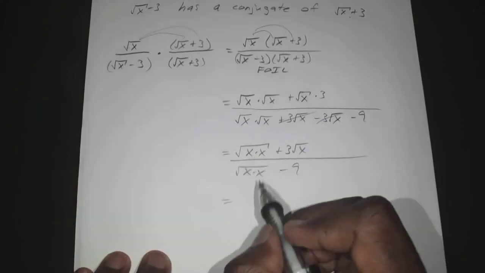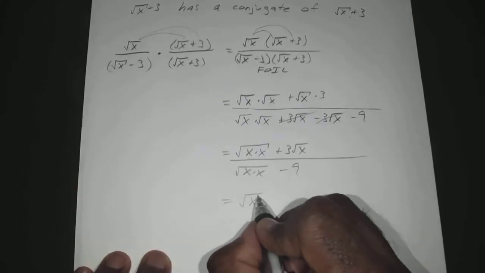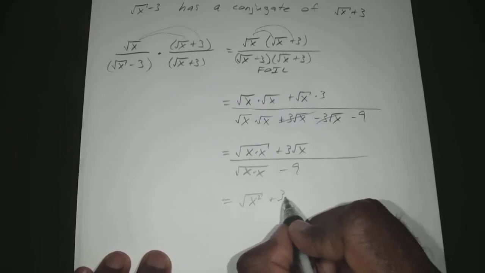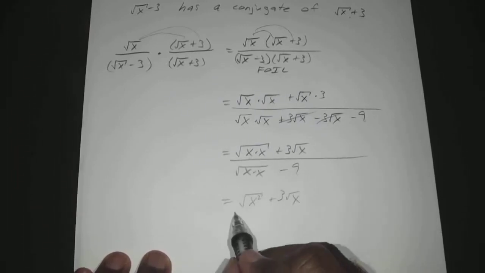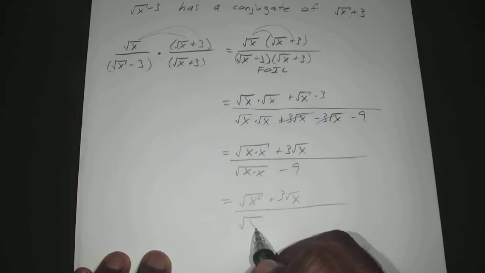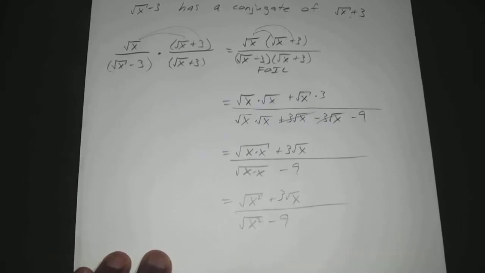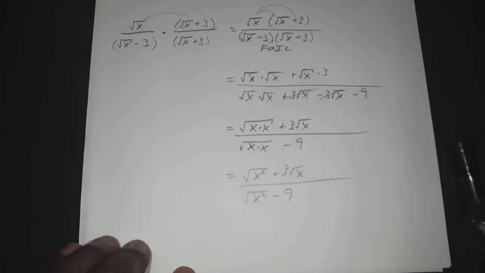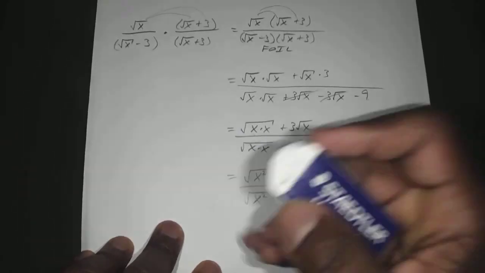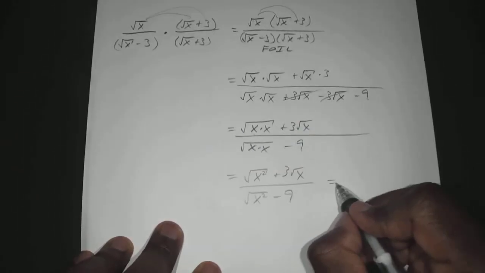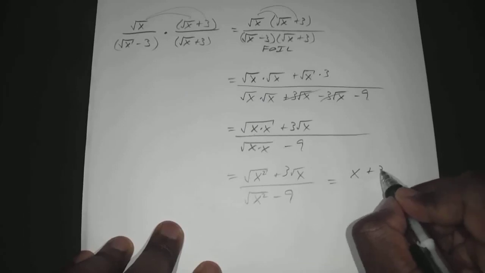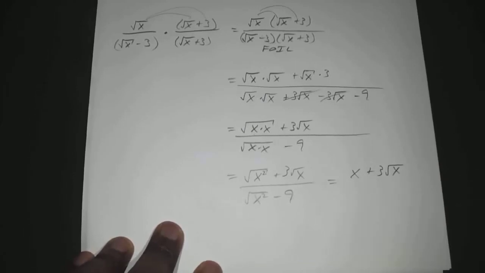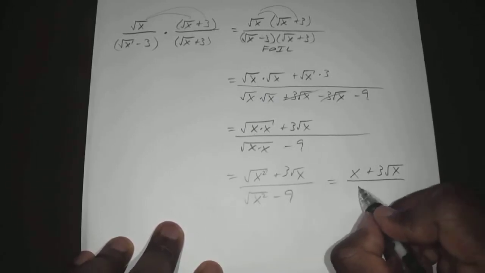So this gives you square root of x squared plus 3 square root of x over square root of x squared minus 9. Well, you know that exponent and your index automatically cancel each other out. So that will give us x plus 3 square root of x over x minus 9.